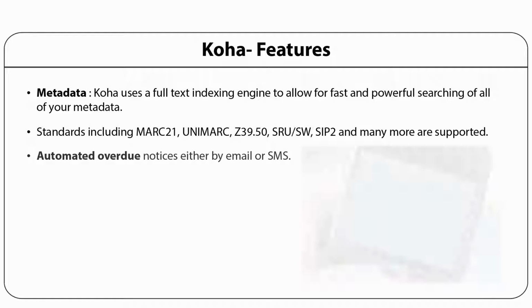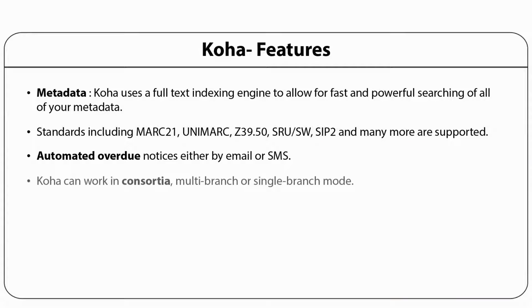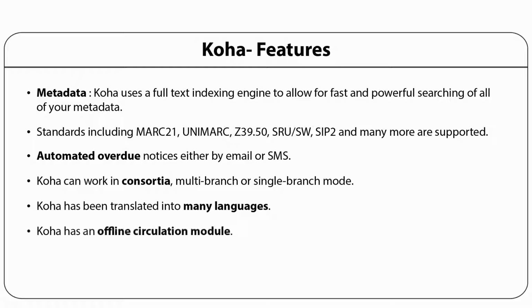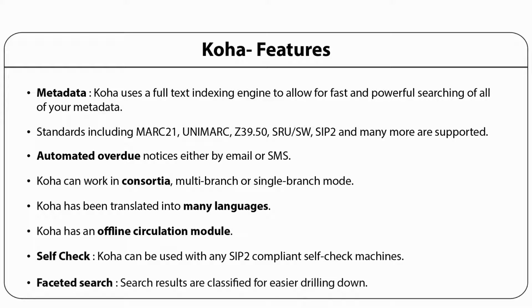It provides automated overdue notices either by email or SMS and can work in consortia, multi-branch or single-branch mode. It has been translated into nearly 47 languages and has an offline circulation module. Koha can be used with any SIP2 compliant self-check machines, and its search results are classified for easier drilling down.